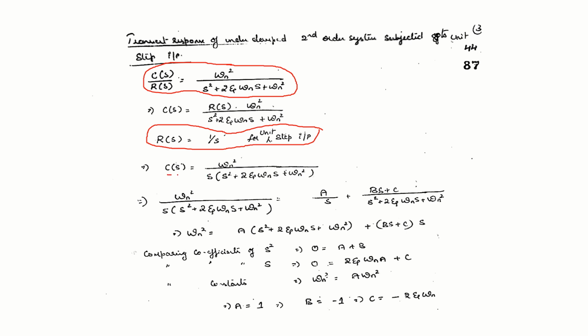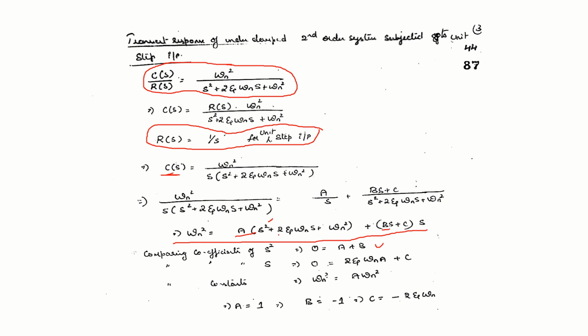I have to get C of t, that's my intention. So let us go for partial fractions. A by s plus bs plus c divided by the quadratic equation s square plus 2 zeta omega n s plus omega n squared. So let me take LCM, I'll get this. Then I'll compare coefficients of s square. Then I'll get a here, then b here, that must be equal to 0.